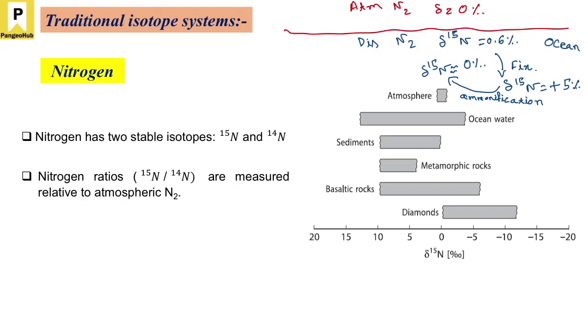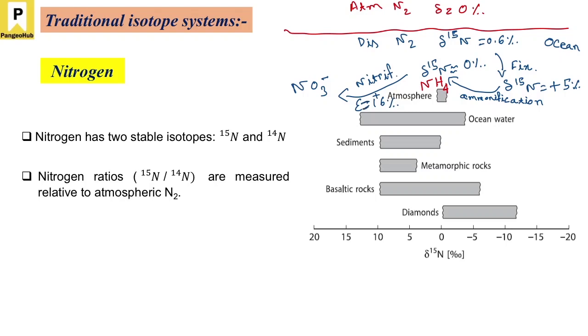This is basically ammonia, NH4. It also supports nitrification. In nitrification, this becomes NO3 minus, and the change is around plus 16 per mil.